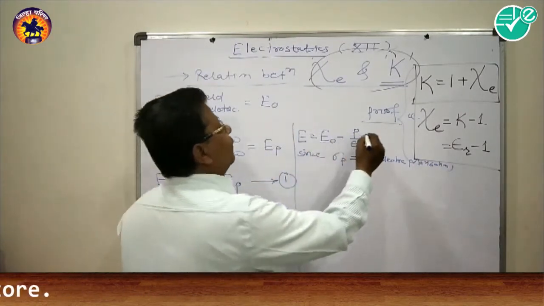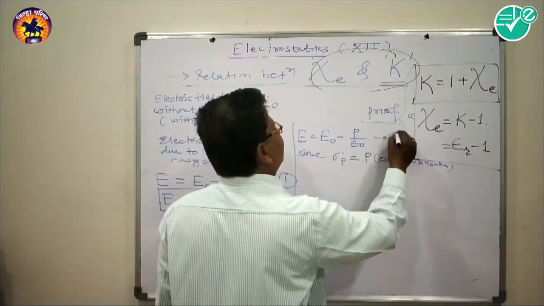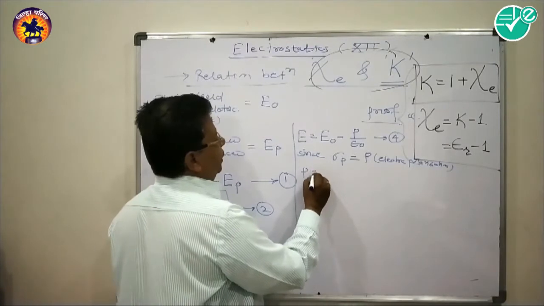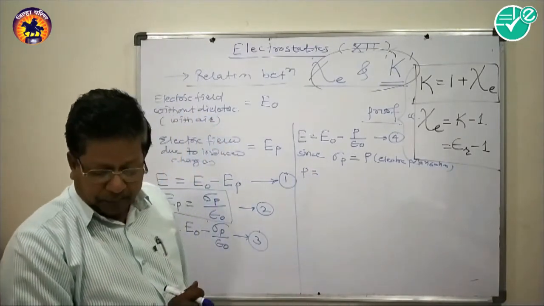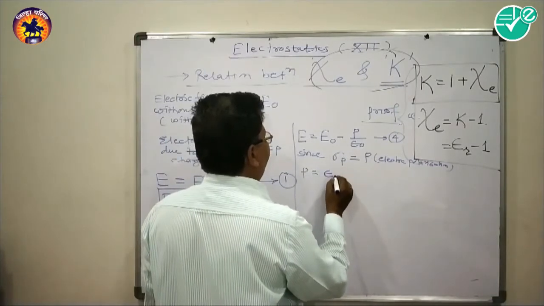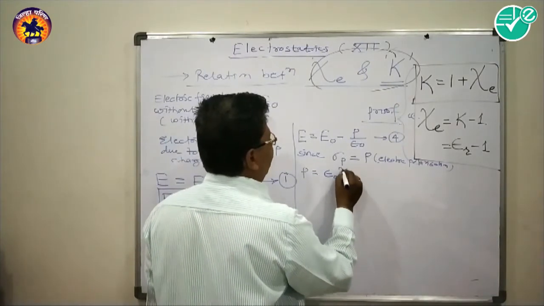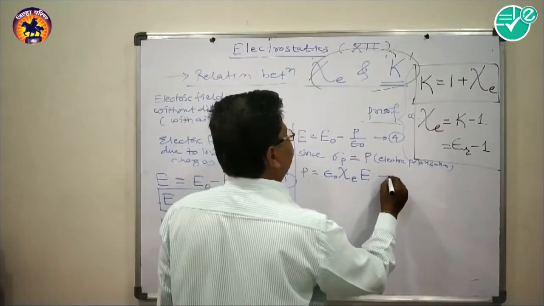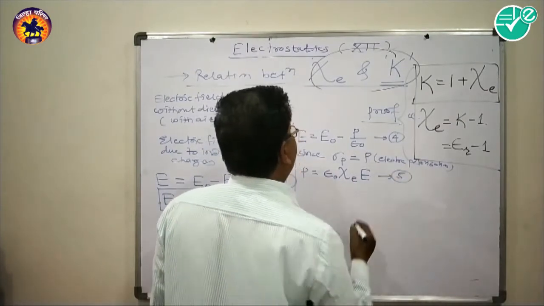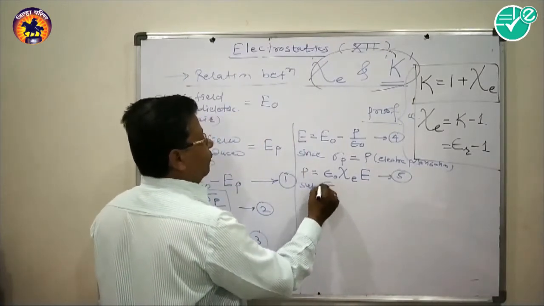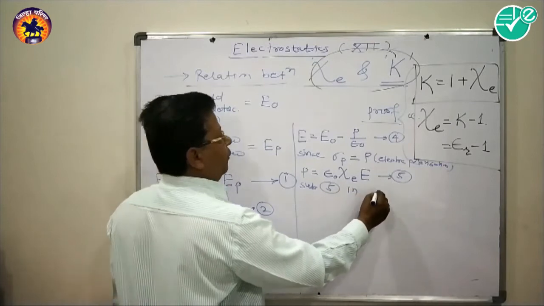So this is equation number 4. Again, electric polarization P is given by the formula P is equal to epsilon 0 Chi E into E. This is equation 5.